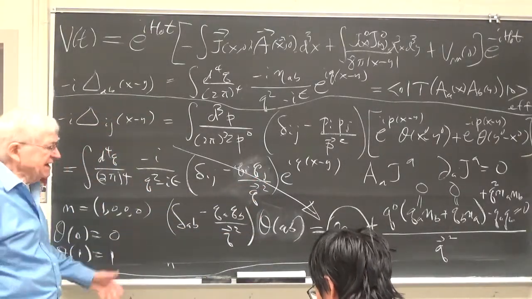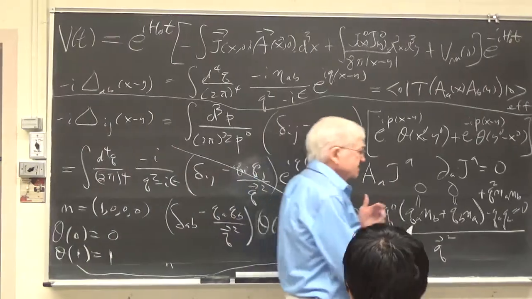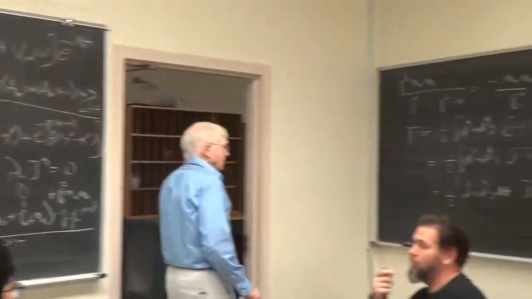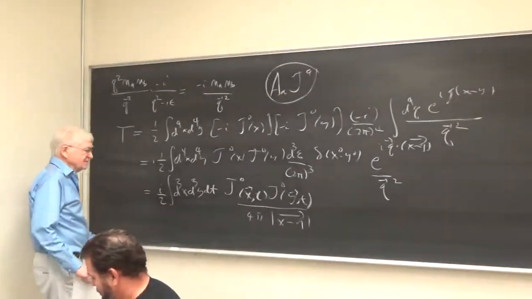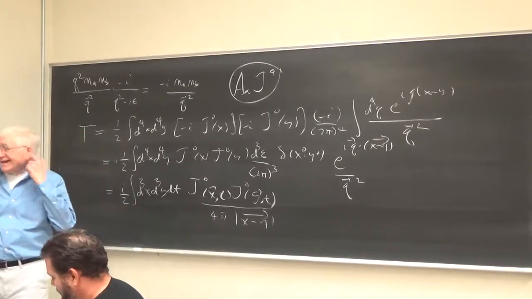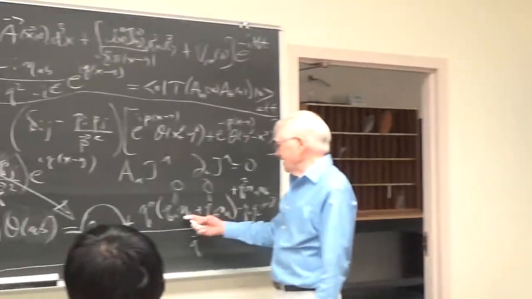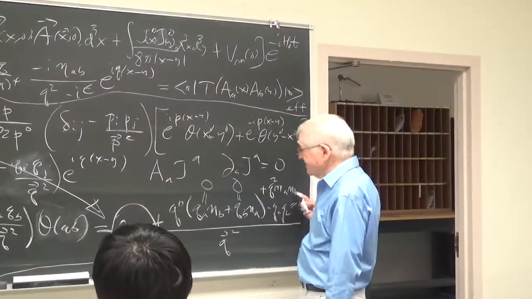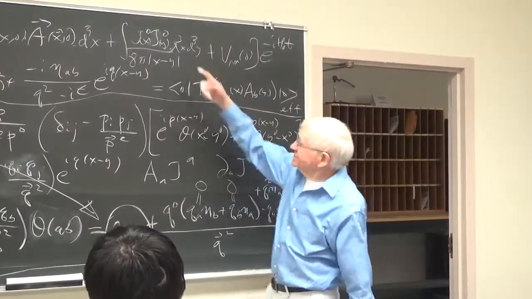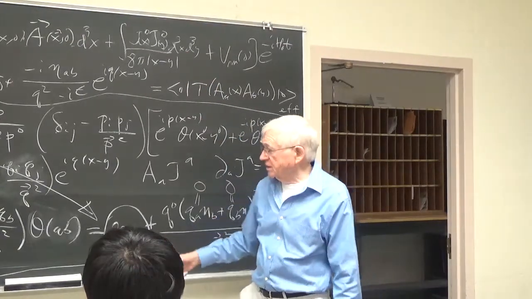And on the other hand, this elaborate reverse manipulation shows you that, in fact, these terms actually cancel, except for this one. This one cancels that one. We're left with this one.